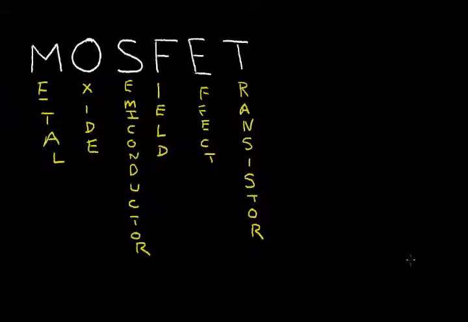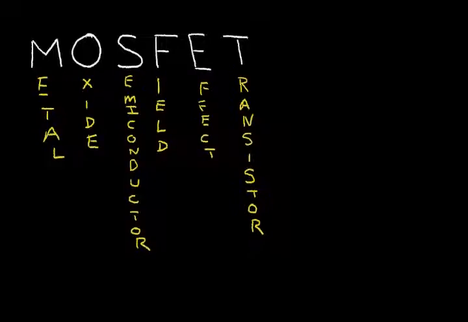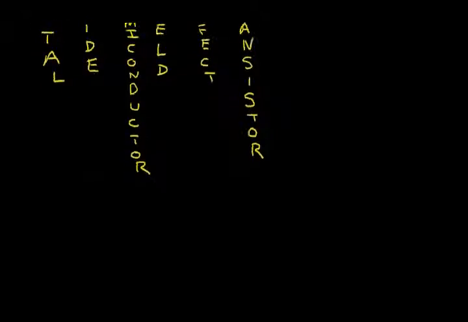So this funny name, MOSFET, stands for Metal Oxide Semiconductor Field Effect Transistor. So let's understand a little bit about what that means. Let's understand the MOS part, and that refers to how the transistor is constructed.